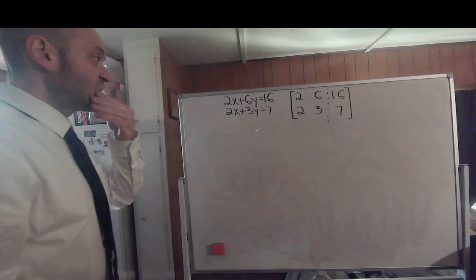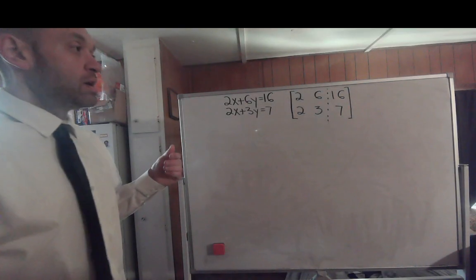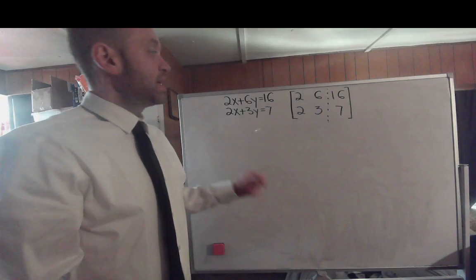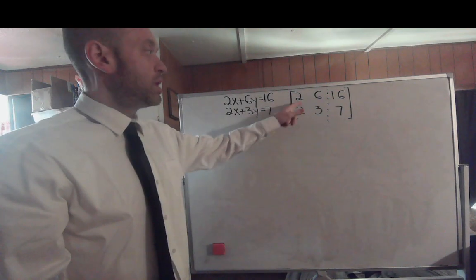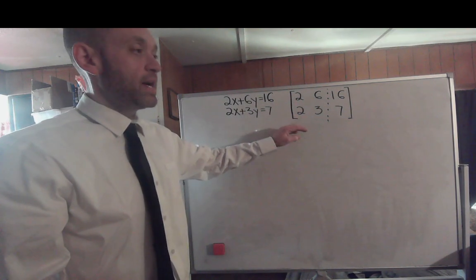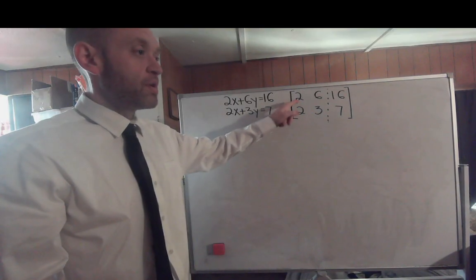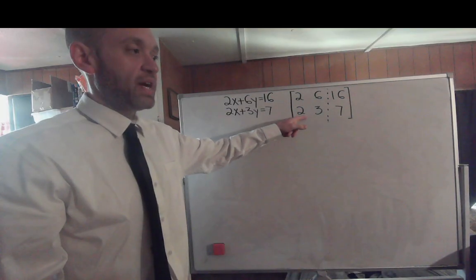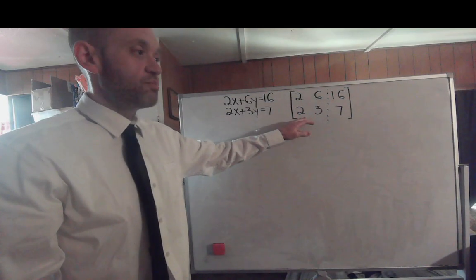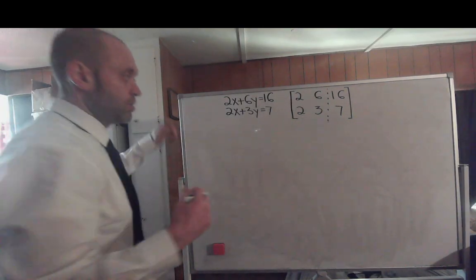Alright, so definitely, yes, it's true you need your leading digit in row 1 to be a 1, but I would actually go ahead and use the fact that both rows have the same coefficient of 2 on the x and make your first digit in row 2 a 0.